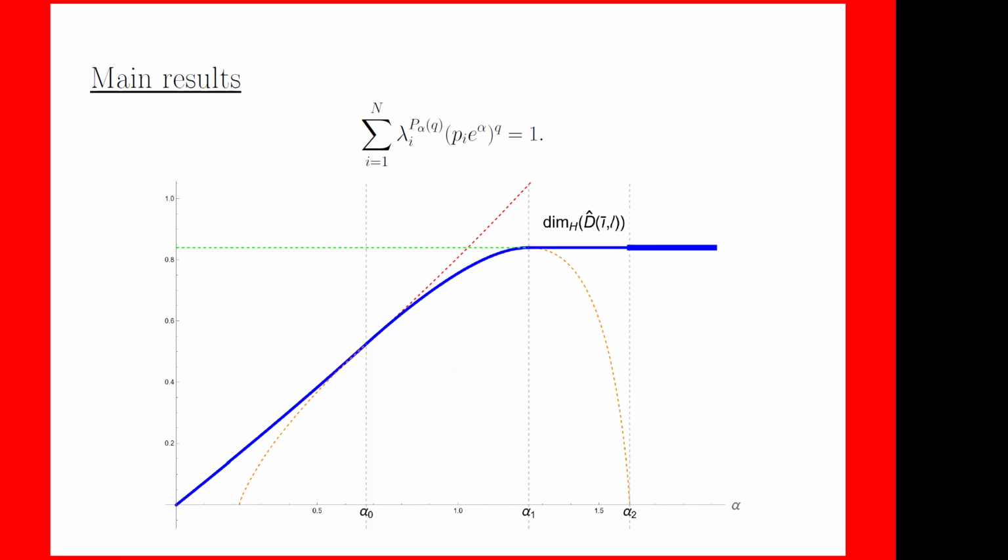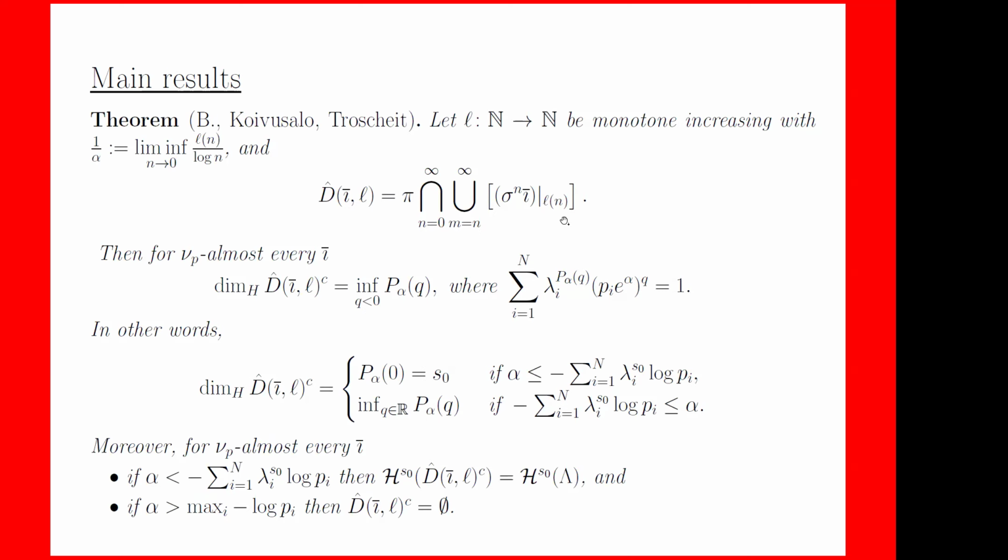And we have the same analogous result for the complement. But there, for the complement, you need to take the infimum for the negative case. And again, there was the phase transition. If your alpha value is strictly smaller than this alpha 1, this peak value, then this infimum is S naught.